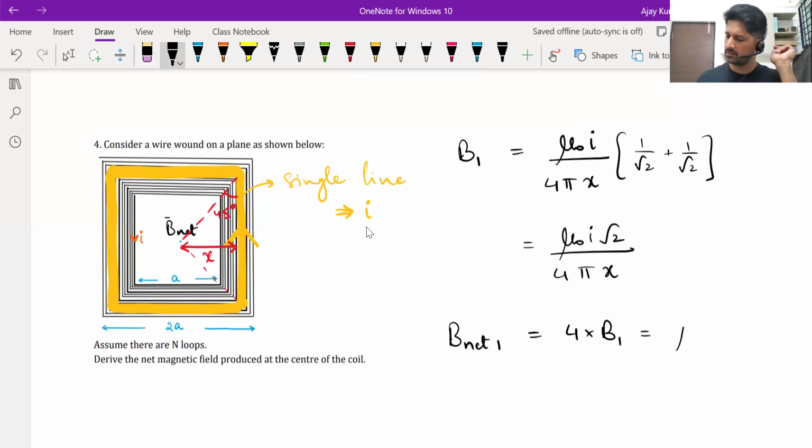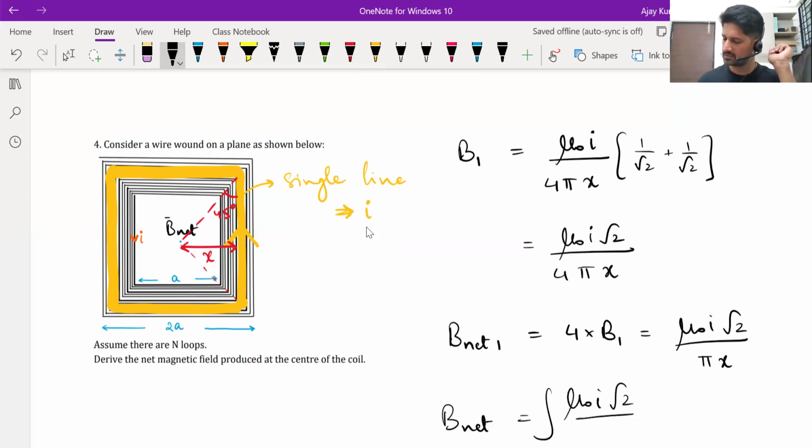So 4 gets cancelled. You get mu naught I root 2 by pi x. But if you want the net field due to the entire wire, all the squares, you'll have to integrate the field produced by all the squares. So you'll end up integrating mu naught I root 2 by pi x. In this, there is no dx or di or anything. And if there's nothing like that, the integration will tend to infinity, which is not correct.